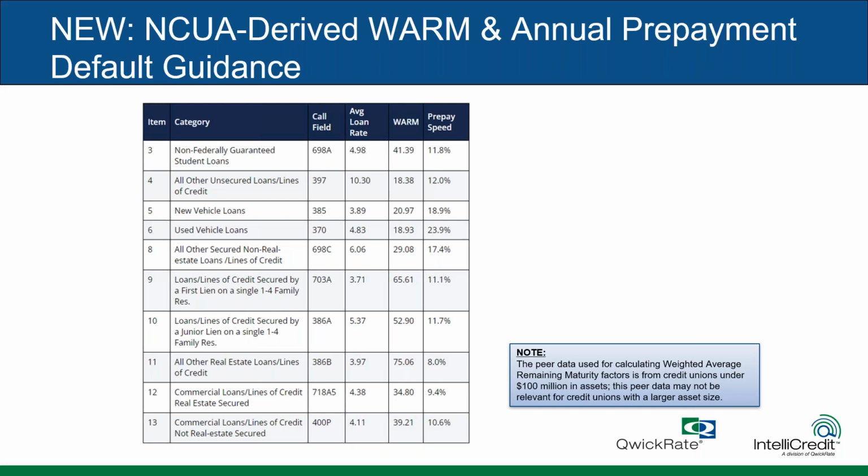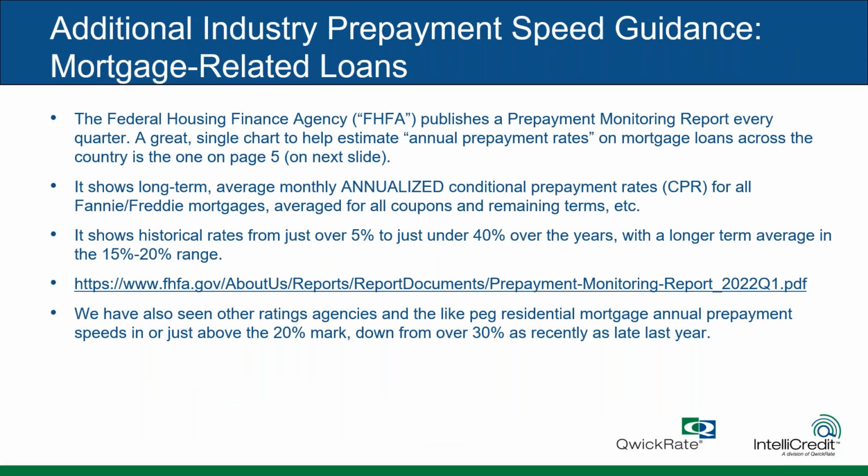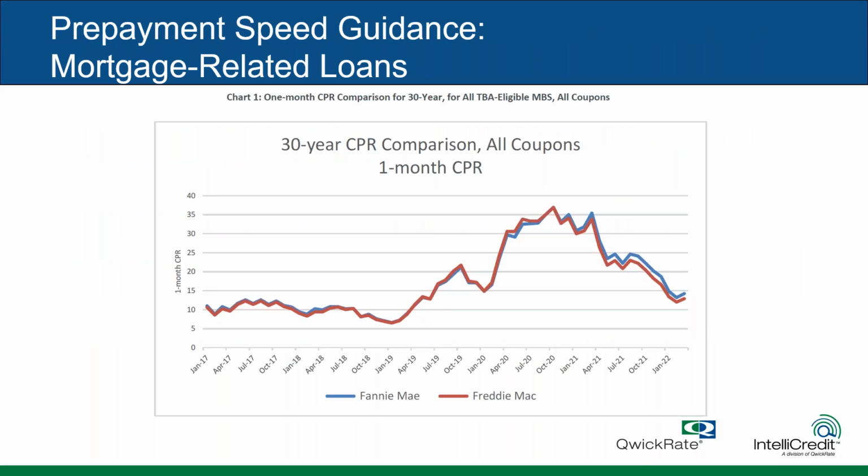On the next slide, we give you some additional guidance on prepayment data, since it's such a challenging thing to really get a gauge on. So here's some information from the FHFA that can give you some guidance on prepayment speeds for mortgage-related loans. On the next slide, we show you what that sort of looks like over the long run. There's a chart right there.